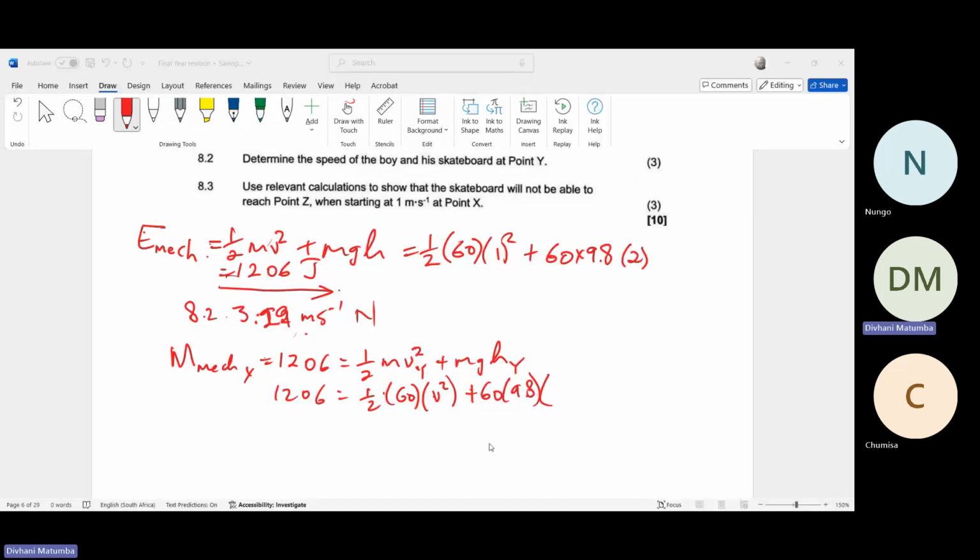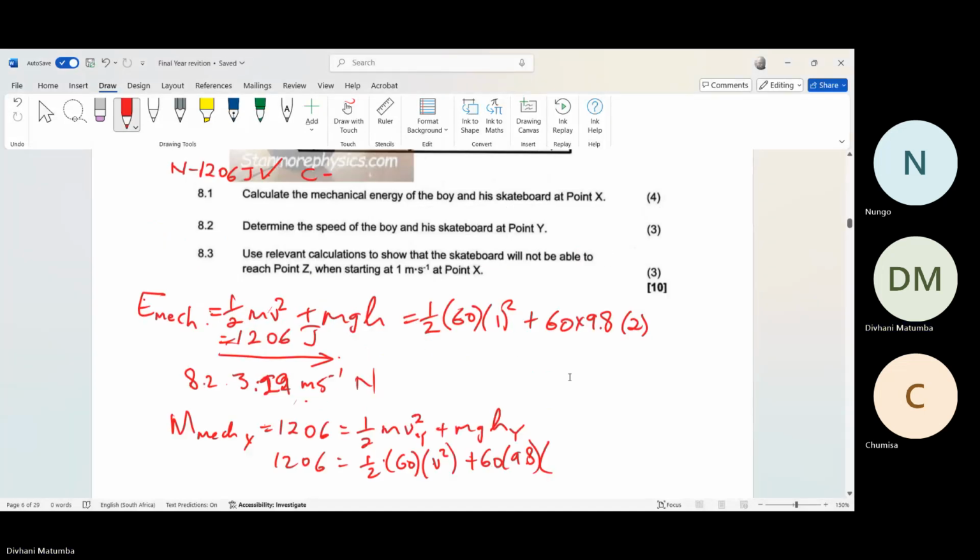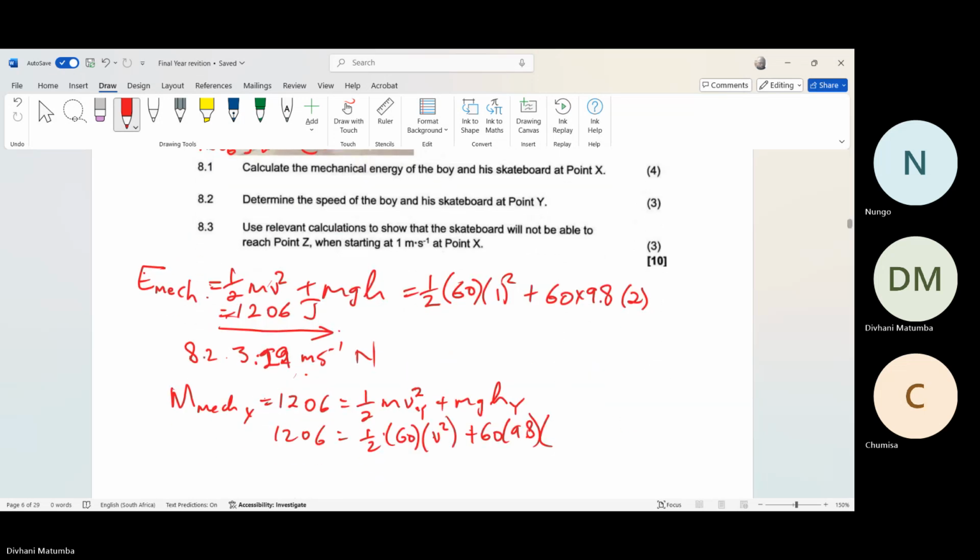Kumisa, you back? How much did you get? Okay, 1206 is equal to 30 v squared plus 60 times 9.8 times 1.5. 60 times 9.8 times 1.5 is 882.